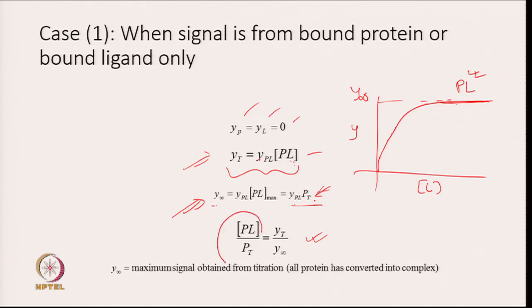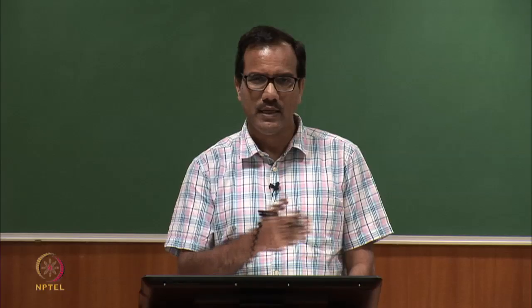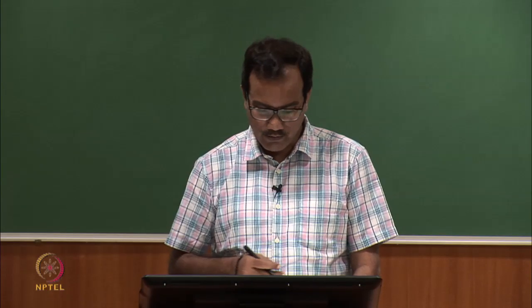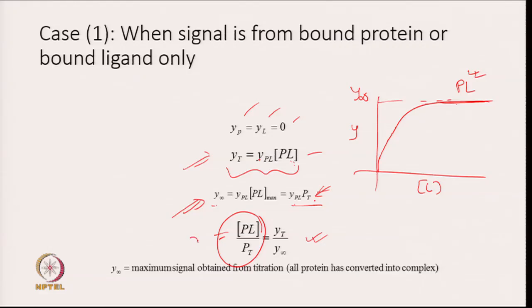And this is your fraction of bound protein. So, now you know how to calculate fraction of bound protein. Then you plot nu by L versus nu, and you will get the value of Kd. This is equal to nu.